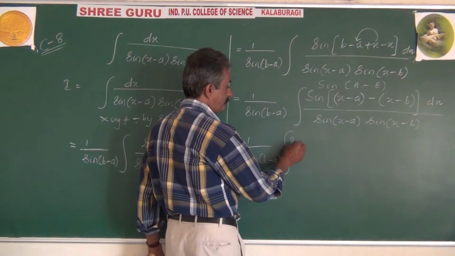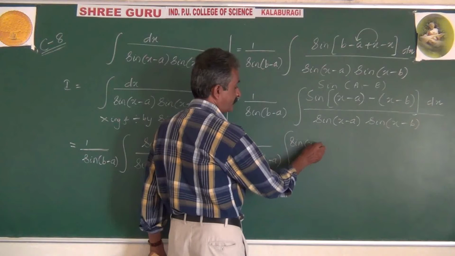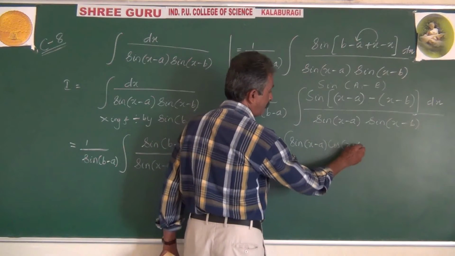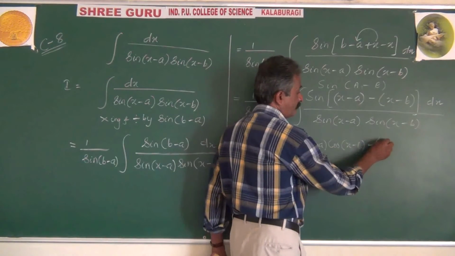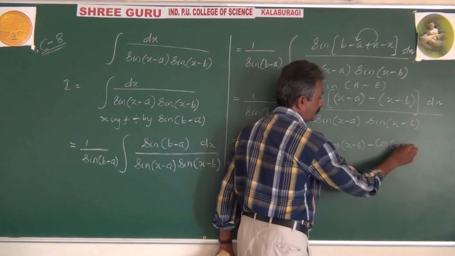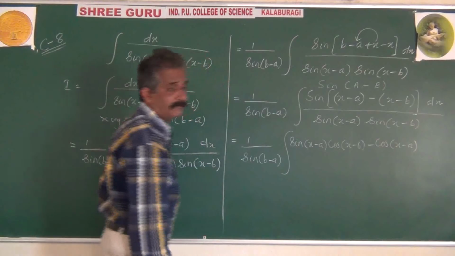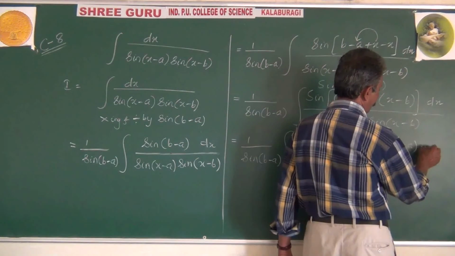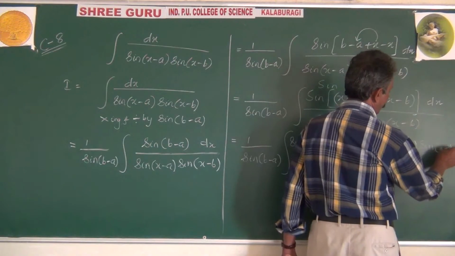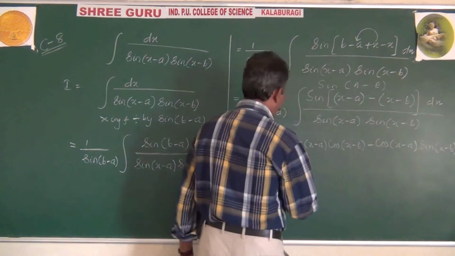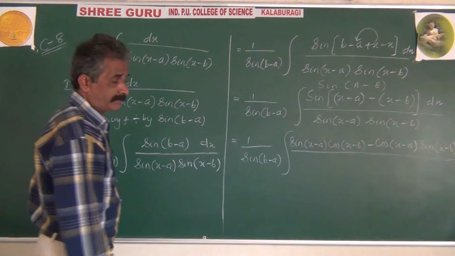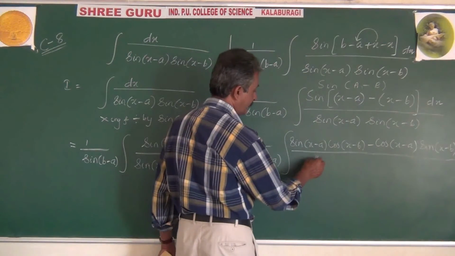Sin a becomes sin x minus a, cos b becomes cos x minus b, minus cos a becomes cos x minus a into sin b, which becomes sin x minus b. And all that is divided by the present denominator, that is sin x minus a, sin x minus b.